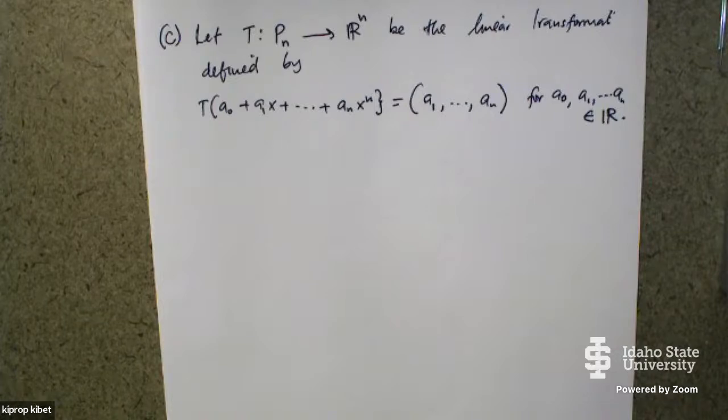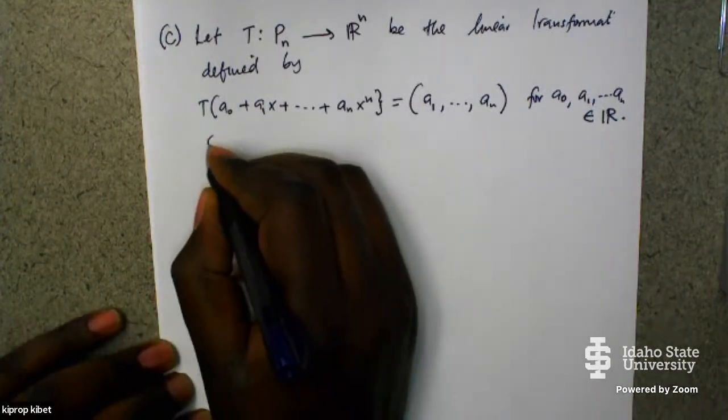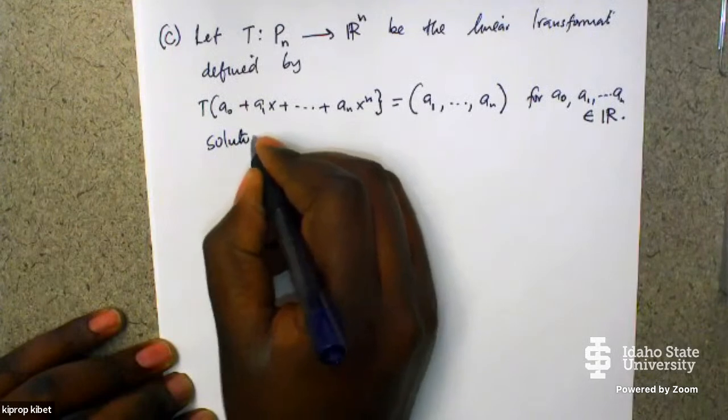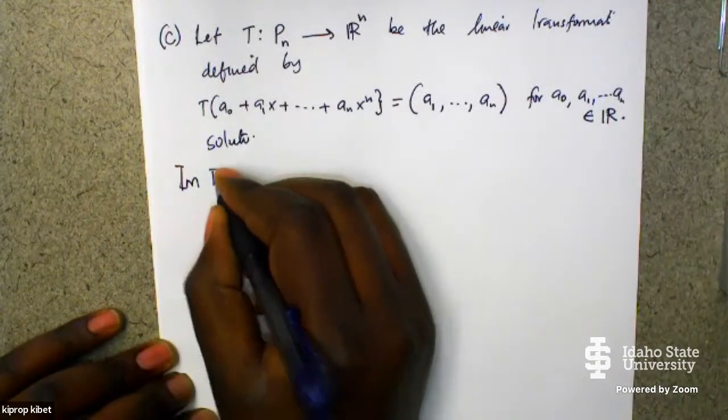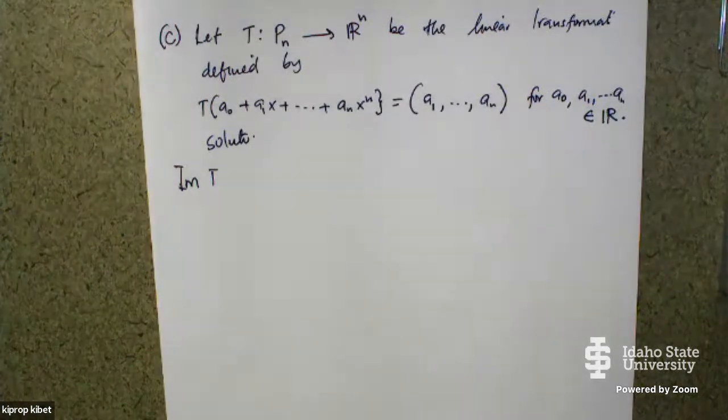Now let's check the range and the kernel. Let's start from the range. The range is the same as the image of T.